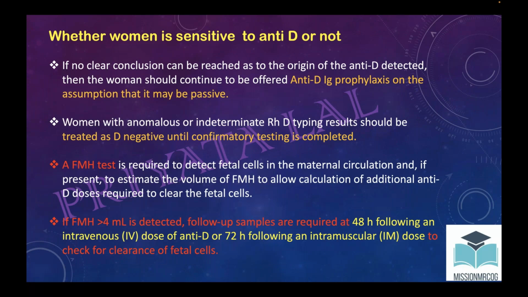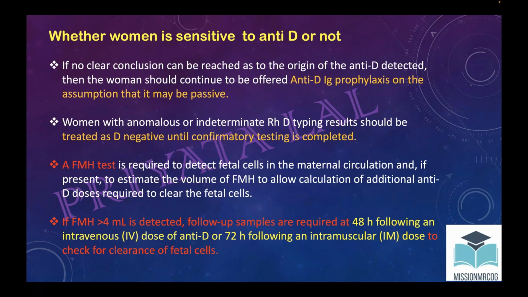Now again, sometimes there would be confusion whether the patient is sensitized to NTD or not, because if the patient has received NTD for any other reason, then a small amount of NTD will come positive. So in that situation, if there is no clear conclusion, then it should be assumed that it is passive NTD.